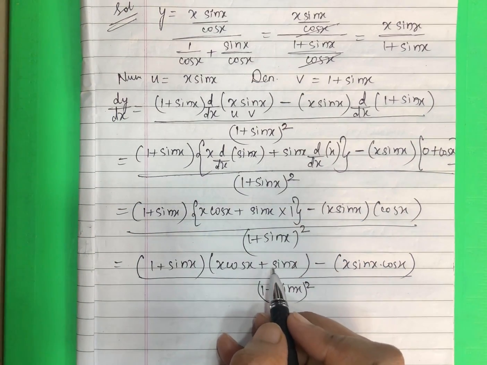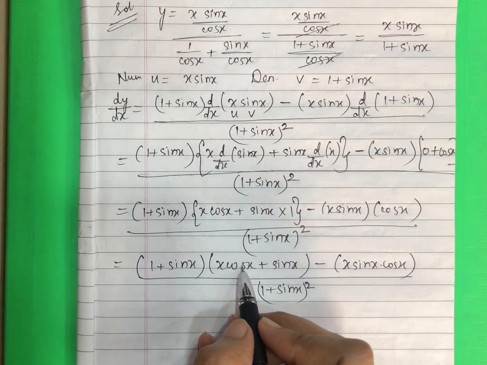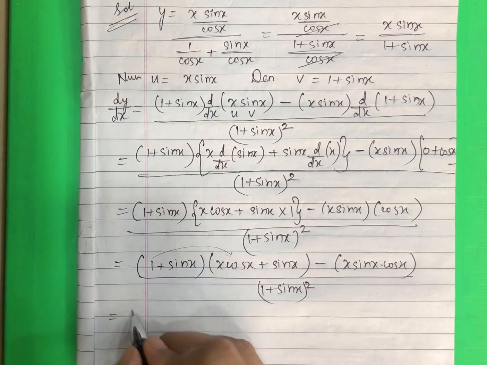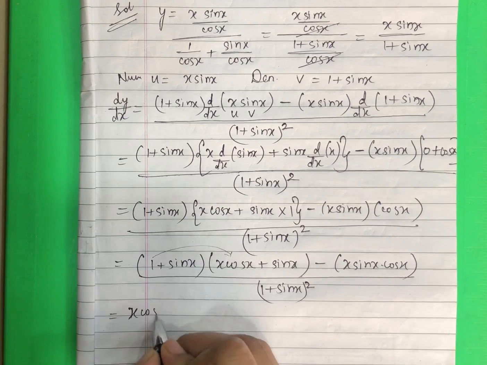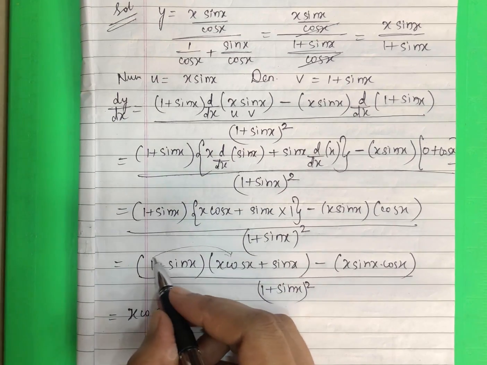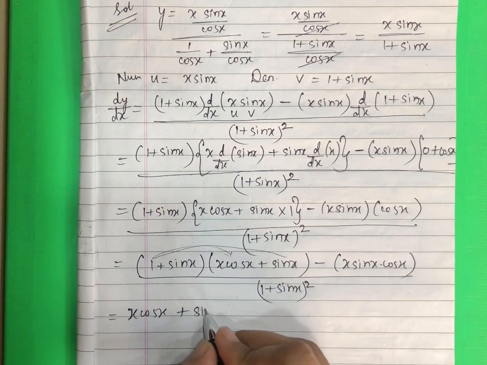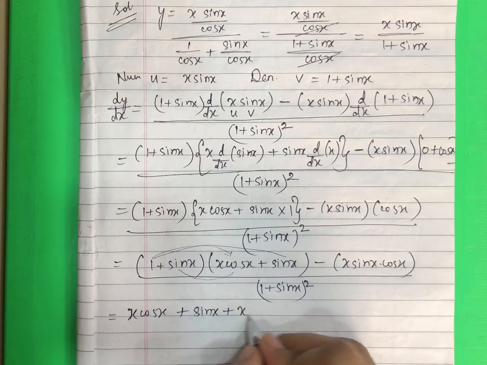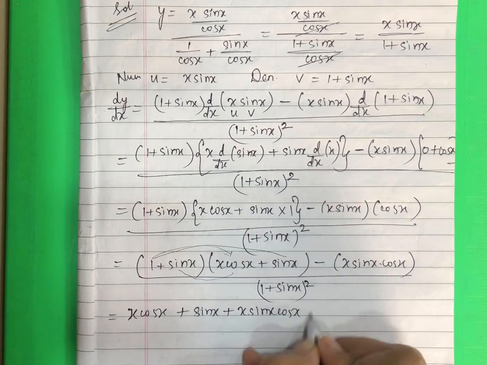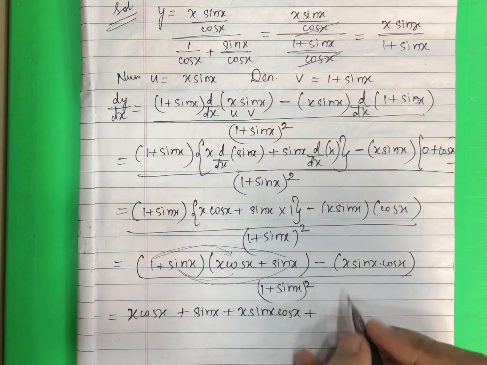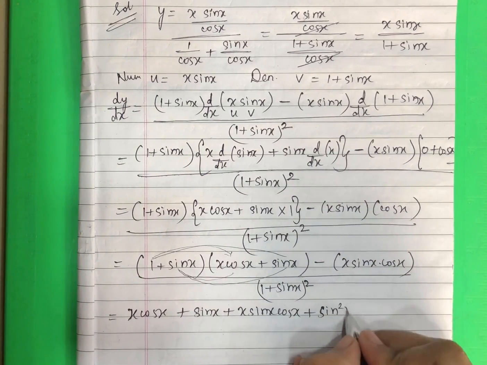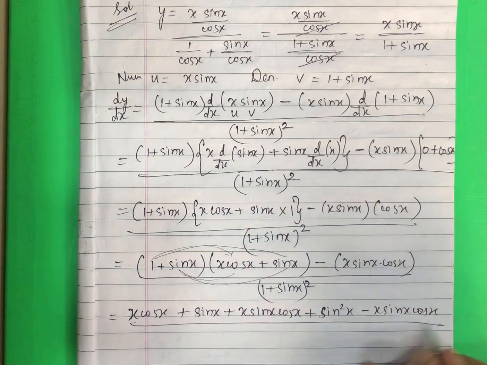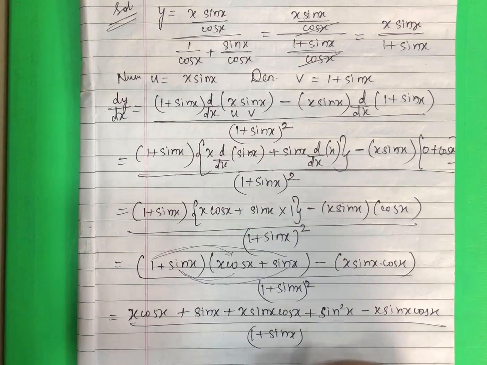These are the two brackets, so we need to multiply each individual value, that is 1 into x cos x is x cos x, plus 1 into sin x, that is sin x, plus sin x into x cos x, that is x sin x cos x, plus sin x into sin x is sin square x, minus x sin x cos x, whole upon 1 plus sin x whole square.